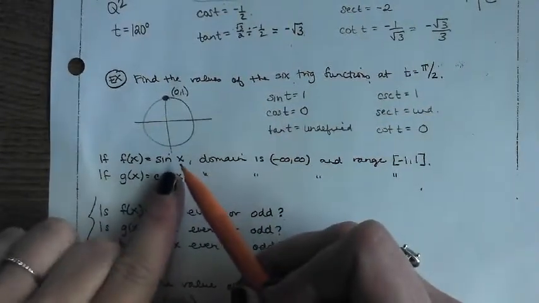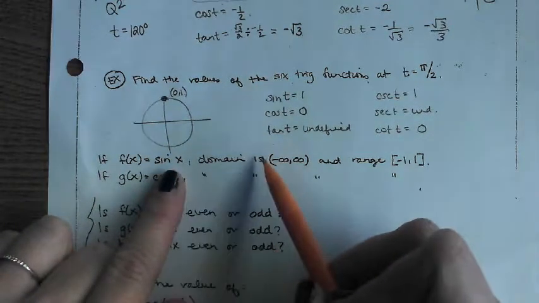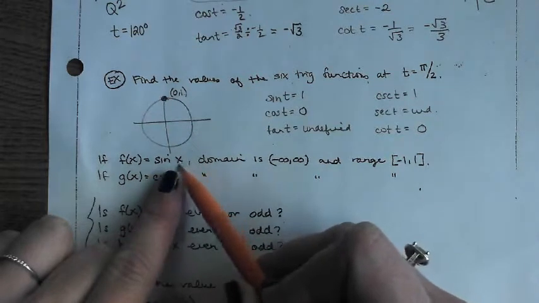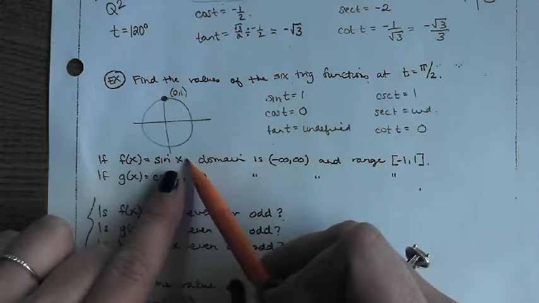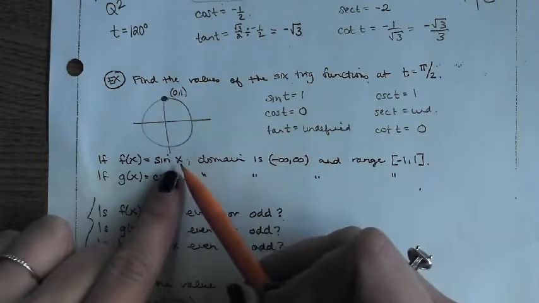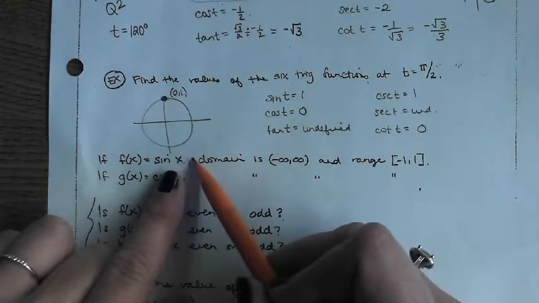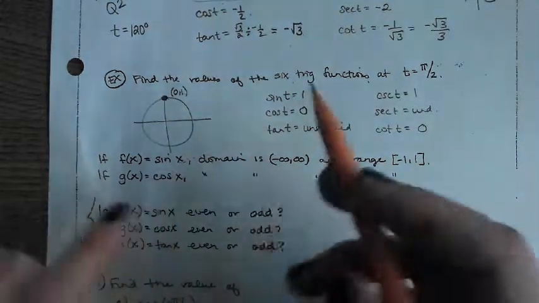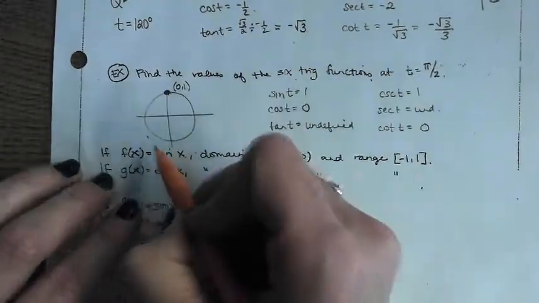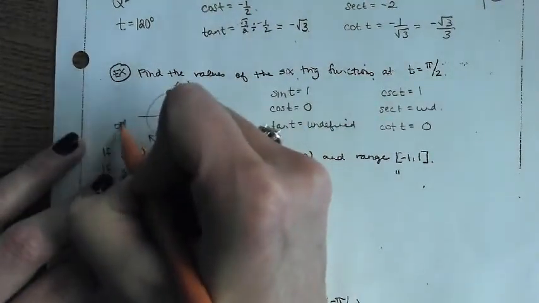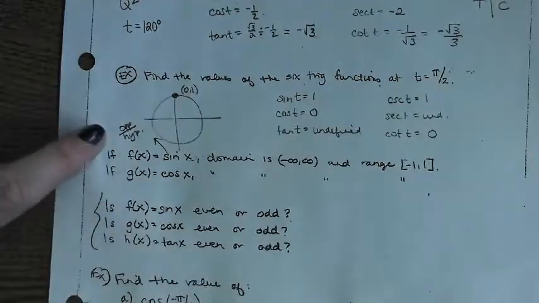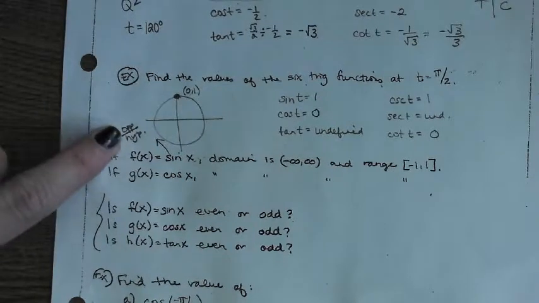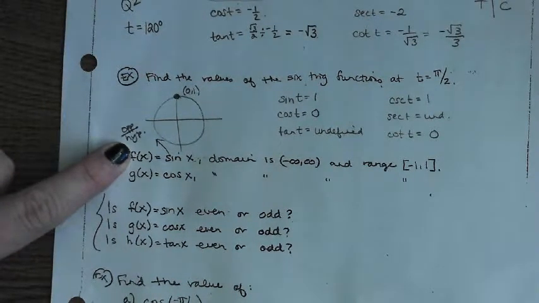You know this from a couple different vantage points, but the domain of sine is negative infinity to infinity. You can plug in any angle you want, and you'll never get an undefined. Also, because sine in a right triangle is opposite over hypotenuse, isn't it true that the opposite side always has to be shorter than the hypotenuse?